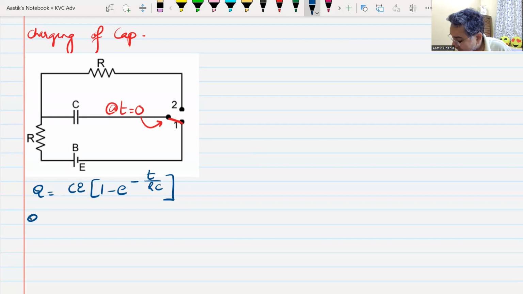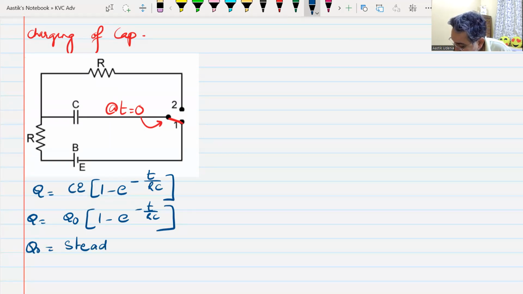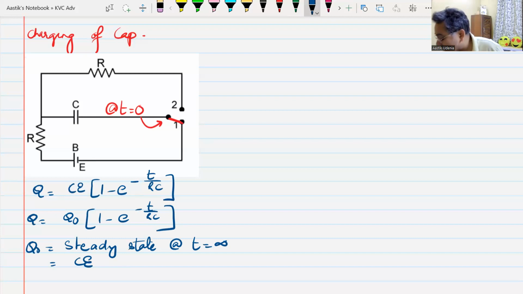I can also write this as Q equals Q naught times 1 minus e raised to the power minus t by RC, where Q naught is the steady state charge on the capacitor, reached when time becomes very large, when time is infinity. This steady state value of charge is C into E. Do we understand this? Yes, sir.